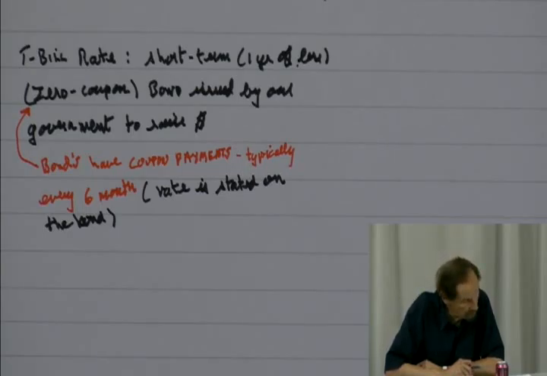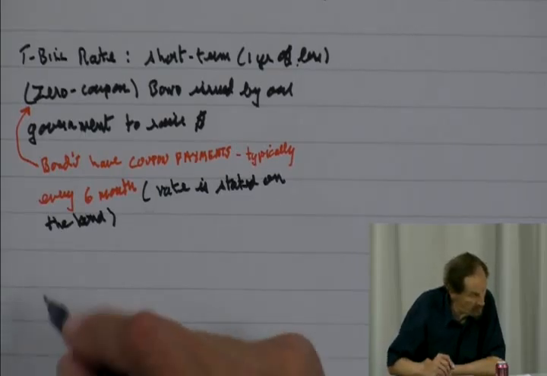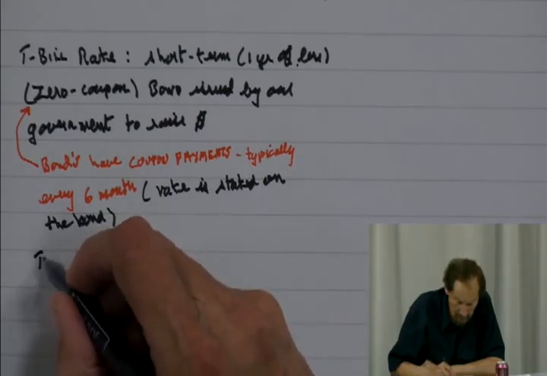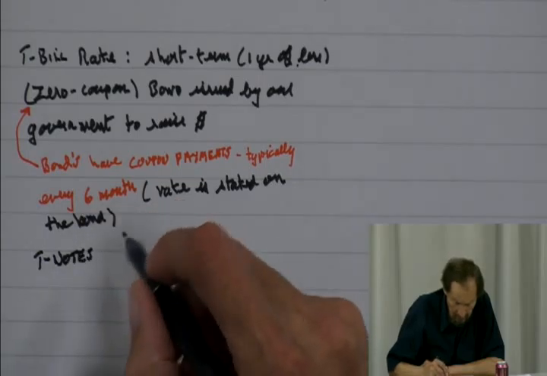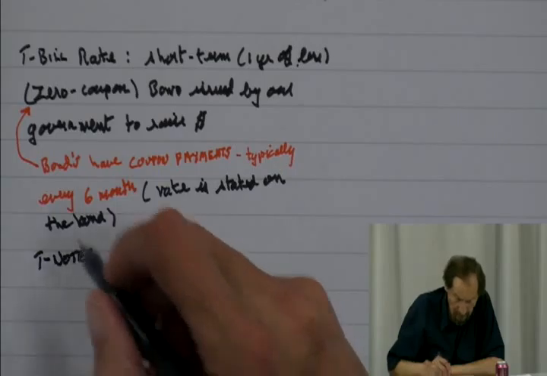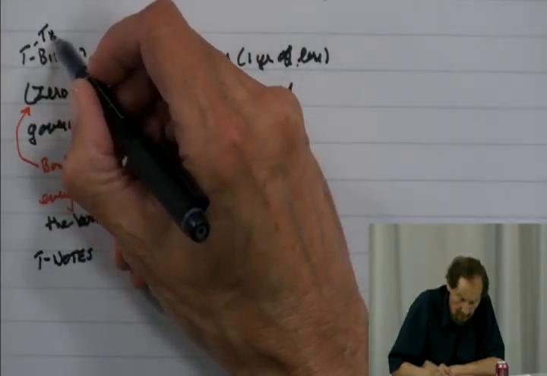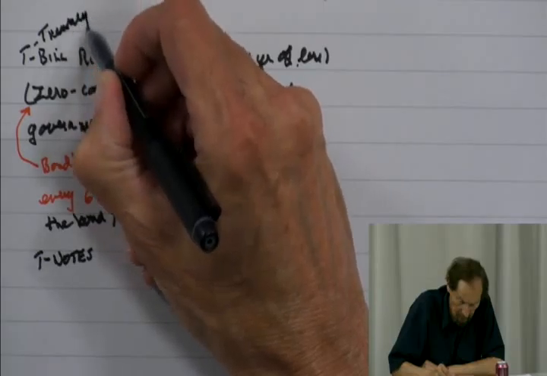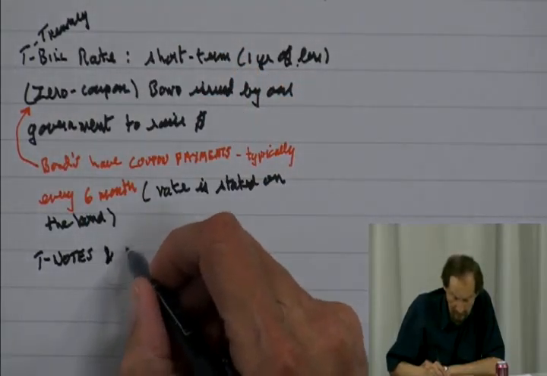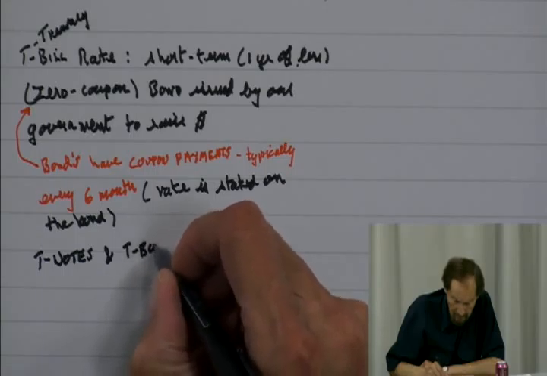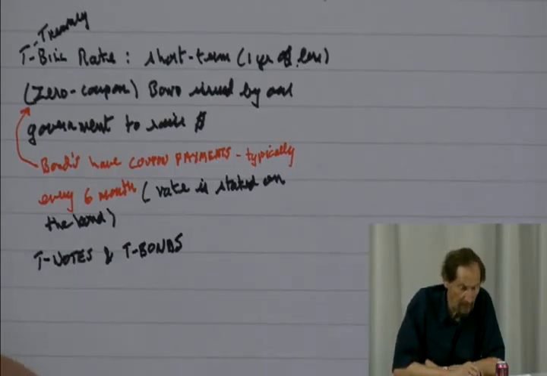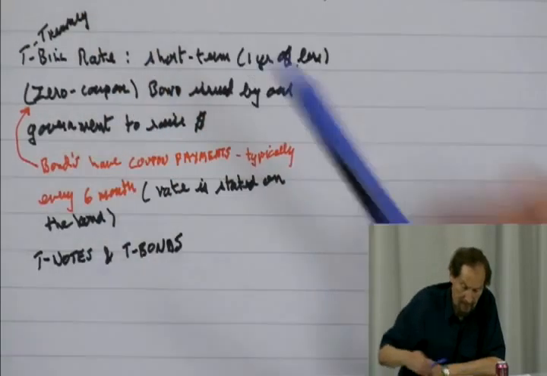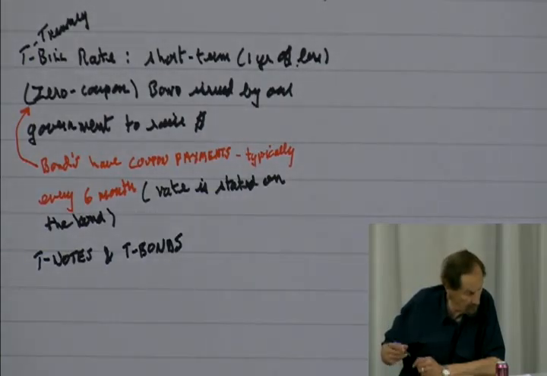Now, T notes and T bonds. T, of course, is Treasury. That's U.S. Treasury. Now the difference between all these three things, the T-bill, the T-note, and the T-bond, is on their duration. Okay.